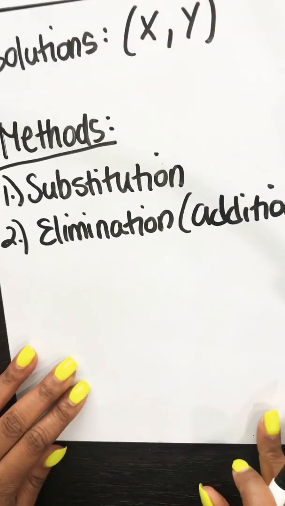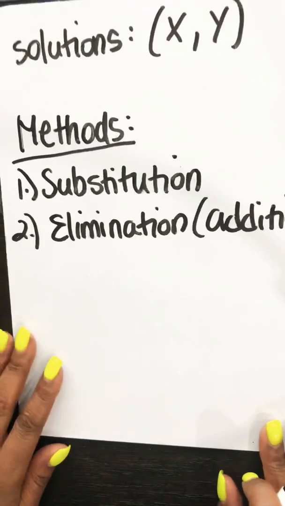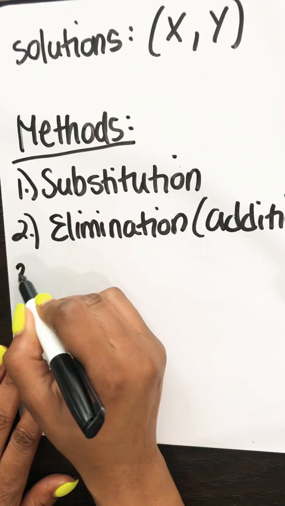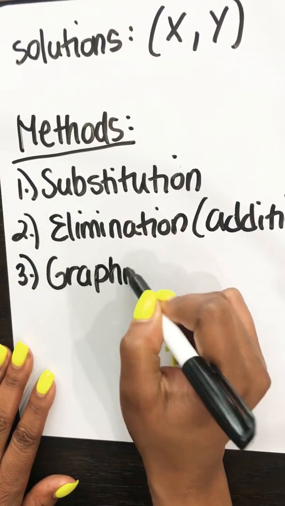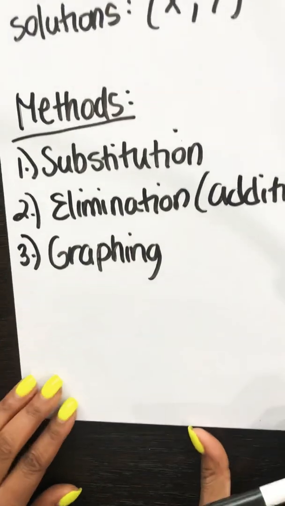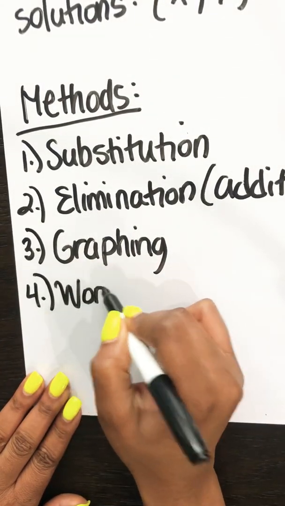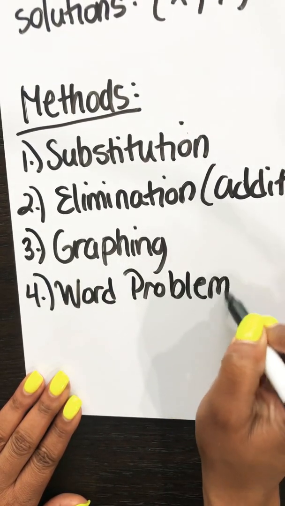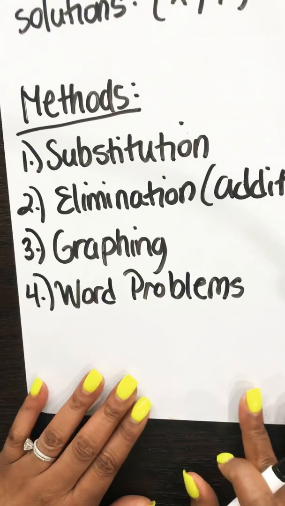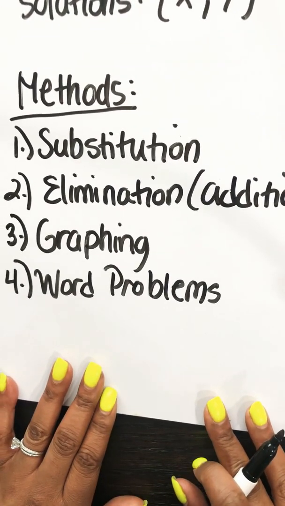Okay, so you may hear someone call it the addition method. The third method is graphing. Okay. And then the fourth method is word problems. All right. So systems of equations can be solved in 4 of these methods, okay?